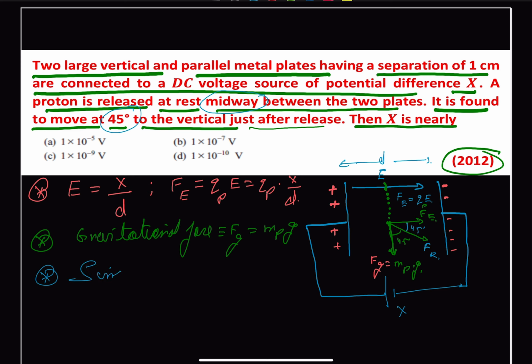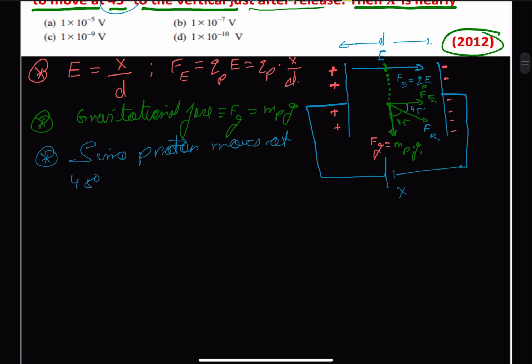Therefore, since the proton moves at 45 degrees, we can write that the force due to the electric field should be equal to the gravitational force.